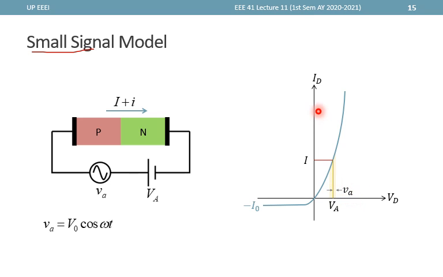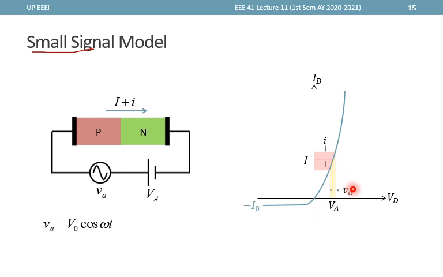Now, if the change in voltage is slow enough that the diode can actually follow its DC IV curve, then we'll get some sinusoidal current passing through the diode, and that is added on top of the DC current.